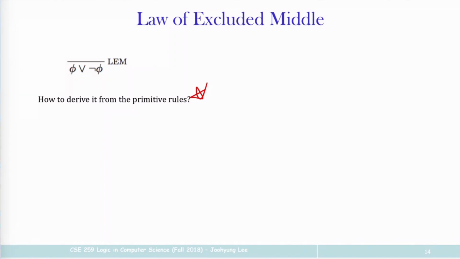Question? For the test, you have to memorize all the rules. I'm not going to give you the rules. You have to remember whether a given rule is primitive or not. No, you don't have to. Okay.